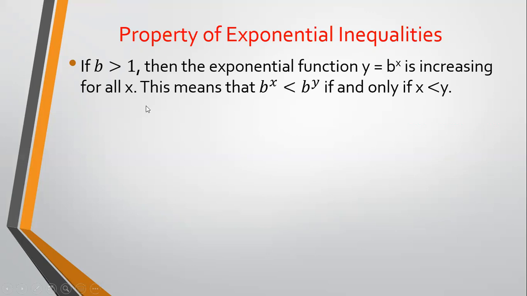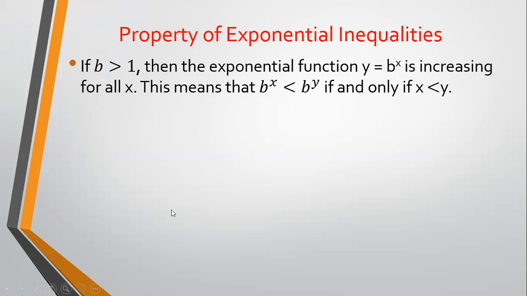Let's say, for example, the value of your x is 2, meaning all those values greater than 2 are the solution set. So this means that b raised to x is less than b raised to y if and only if x is less than y. You will see here the x and the y notation.